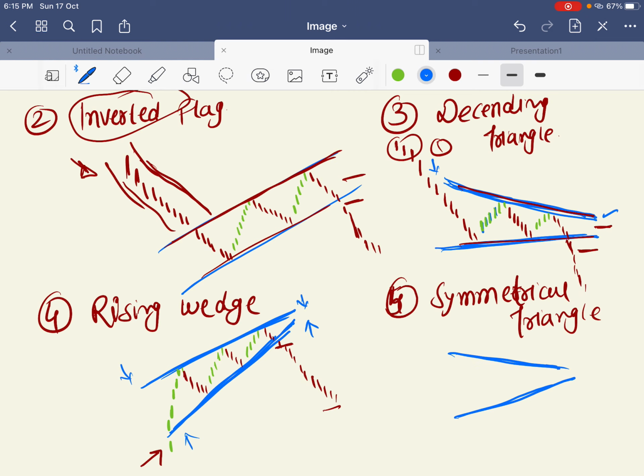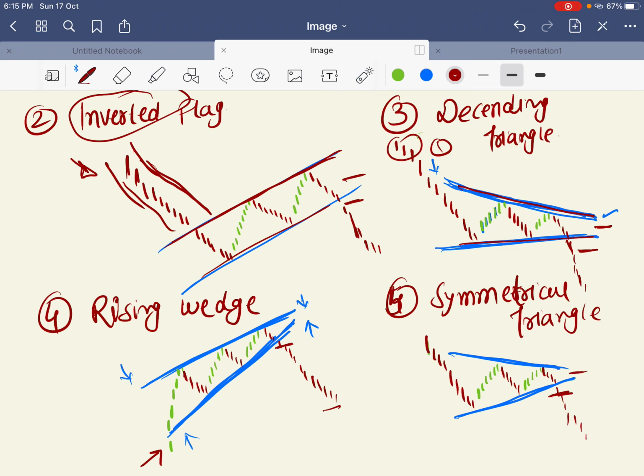The price moves from a bearish trend in the beginning and then trades like this. After the breakout from the narrow side you can take entries at this point, put your SL and look for a bigger target.